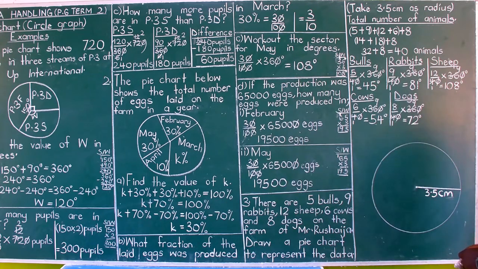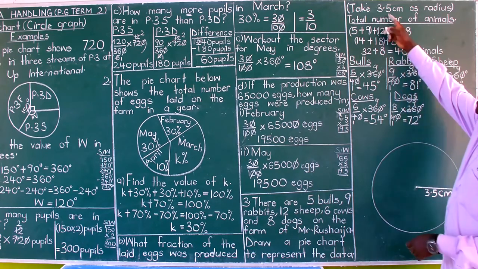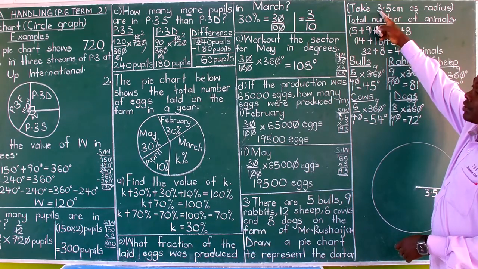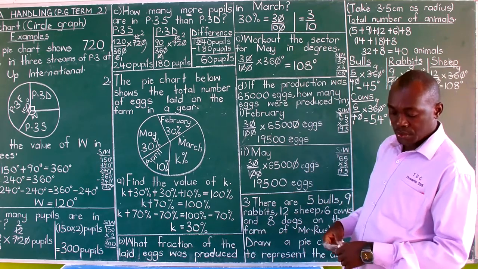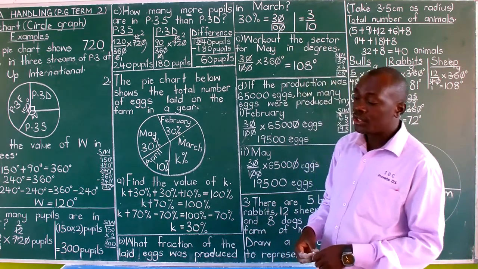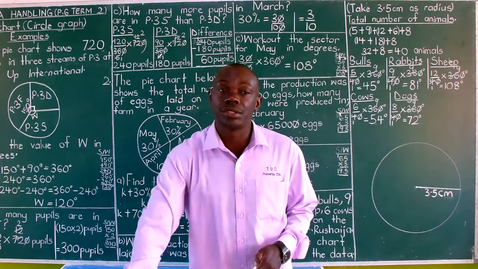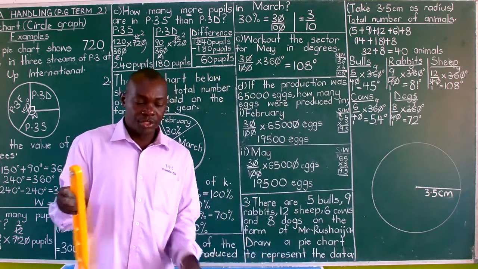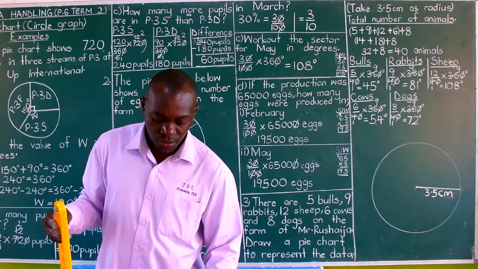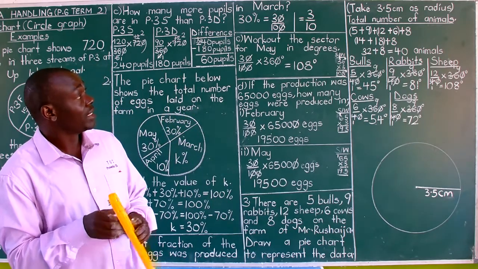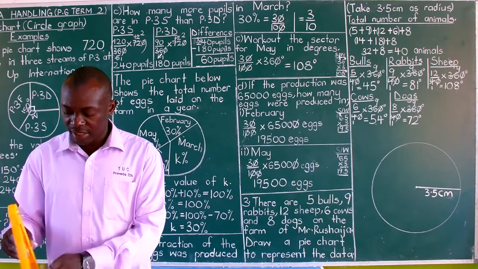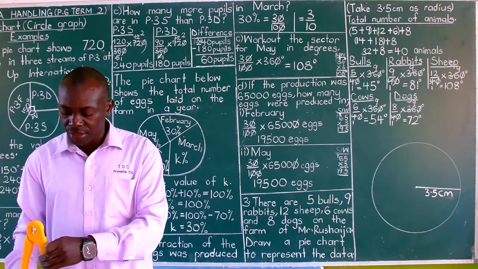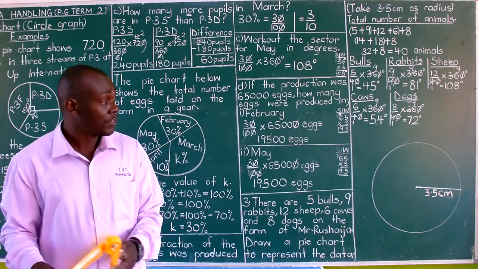And now they say draw a pie chart to represent that data using a radius of 3.5 centimeters. That's when you go to your ruler, like I taught you in geometry. Go to your ruler and measure the 3.5 centimeters properly. Put a 0 on the centimeter scale, go to 3.5.